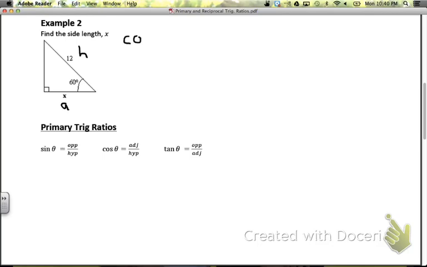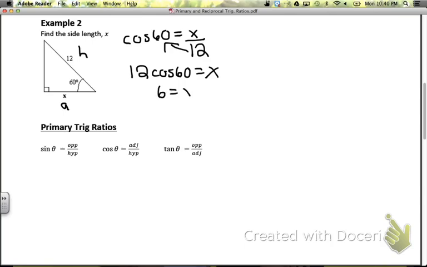So we would have cos 60 is equal to x over 12. Bring that 12 up here. So we have 12 times cos 60 would be equal to x. Put that in the calculator, and what we're going to get is that x will be equal to 6.